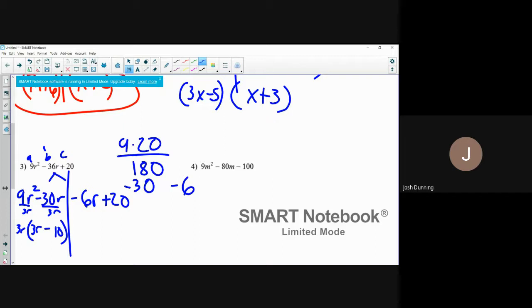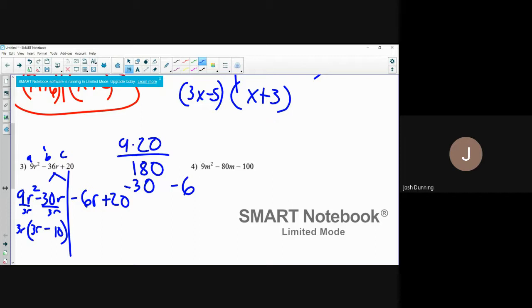Oh, this time we didn't have a choice because both the 30 and the 6 were negative. You notice the left-hand side is positive then negative, but the right-hand side is negative then positive. So I got to switch the signs around by dividing by a negative GCF.